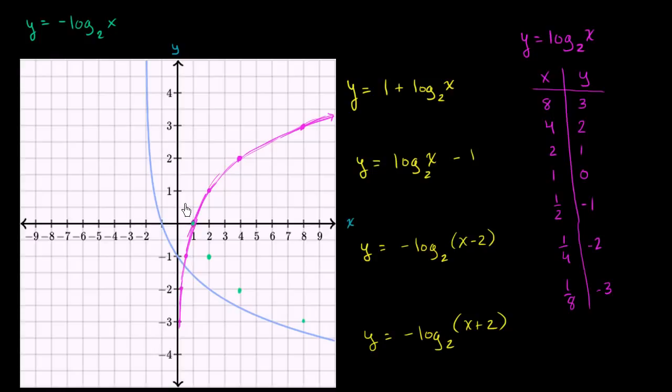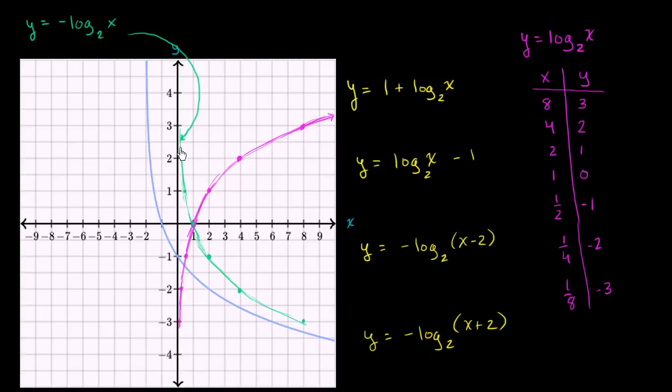And then instead of at 1/2, it's going to be like this. So y equals negative log base 2 of x is going to look something like this. Let me see if I can draw it neatly. So it's going to look something like this. So we're getting close to the blue graph. So that's y equals negative log base 2 of x.